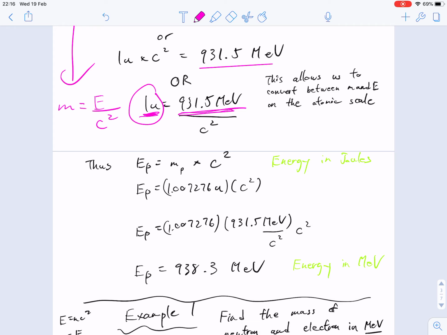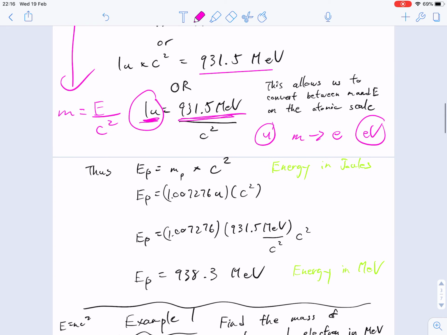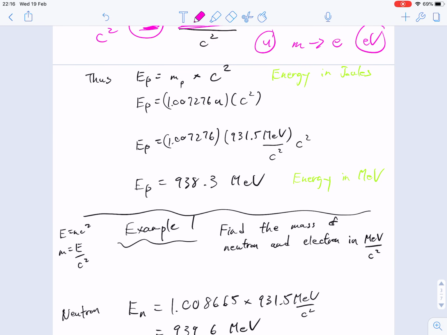So it gives us a quick conversion from mass into energy, but this will be in electron volts, and this could be given in U's instead. So we're dealing with the atomic levels of mass and energy directly by using the single constant. So we're eliminating 2 constants as a result.